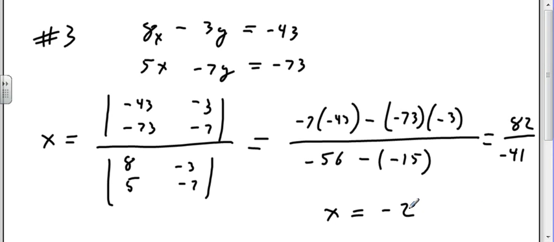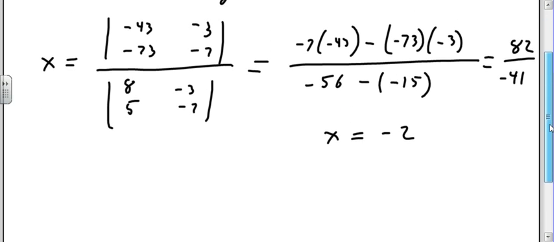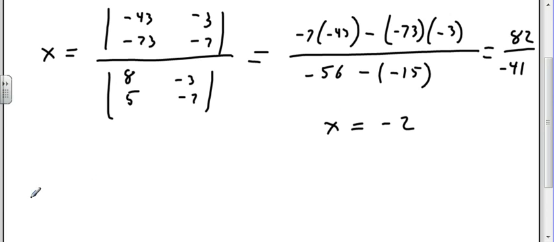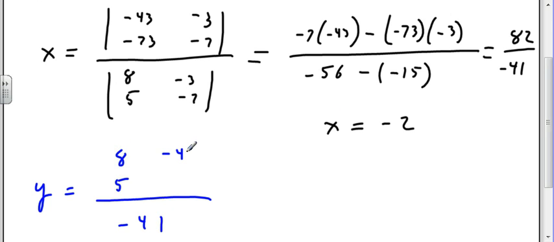Now, we could take that minus 2, put it back into one of the two equations, and come up with y if we wanted to. But that's not the purpose, so we'll come back and y is equal to, on the bottom, I know I got a minus 41. On the top, I've got an 8, 5, minus 43, minus 73.